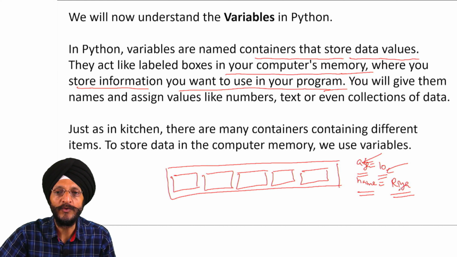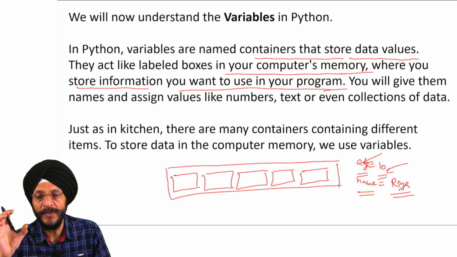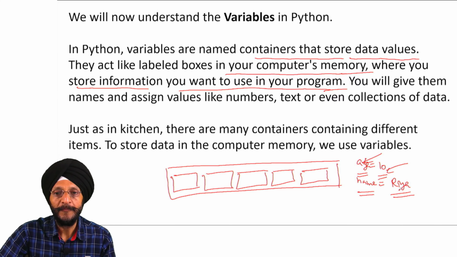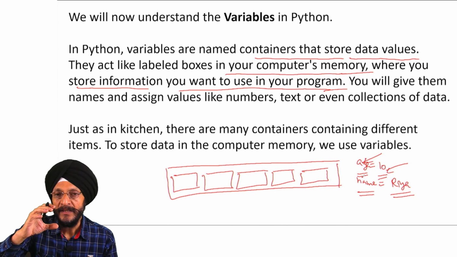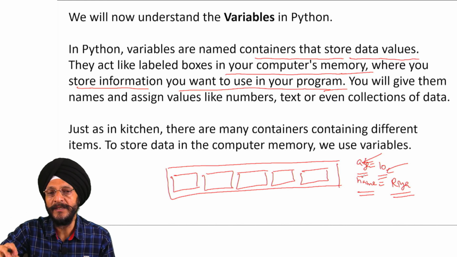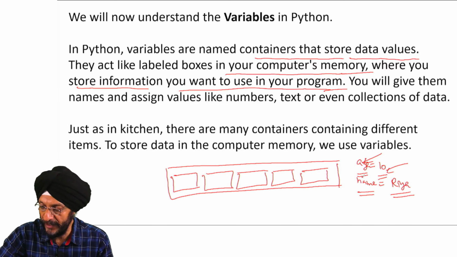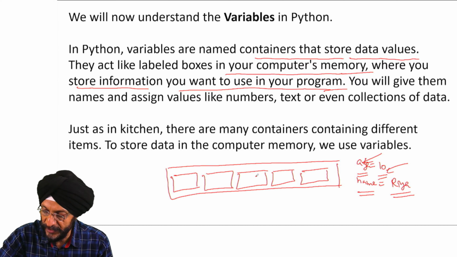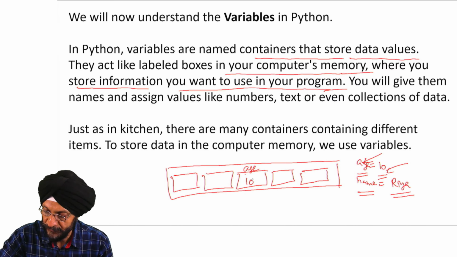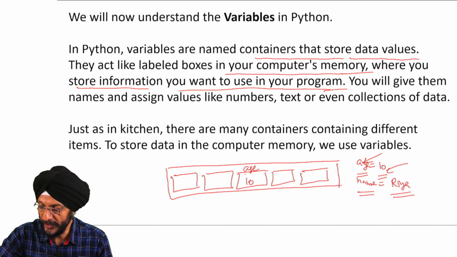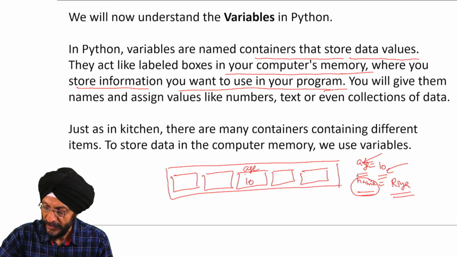So in the computer's memory, how is it stored? This variable may occupy any place in the memory of the computer system at random. Suppose this is the memory location of the variable named age. The value stored in it will be 10. Now the other variable name is name.